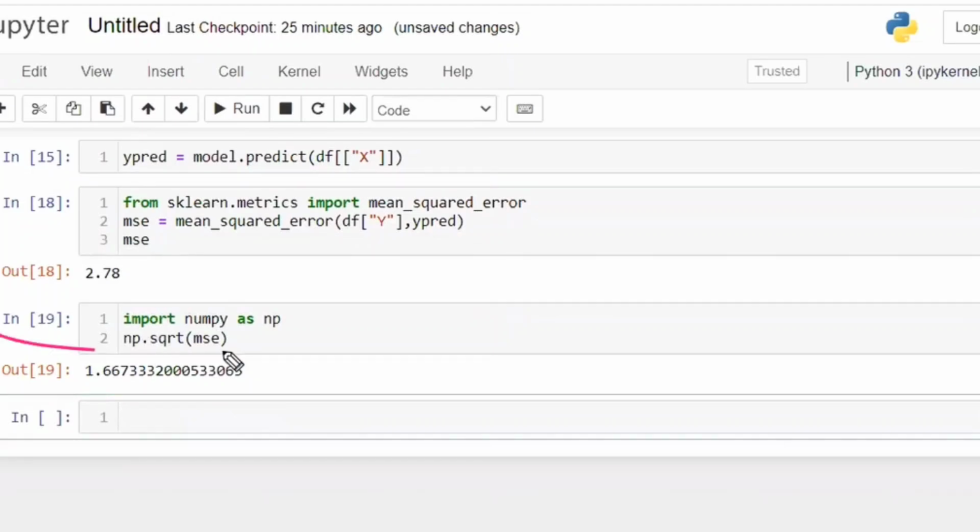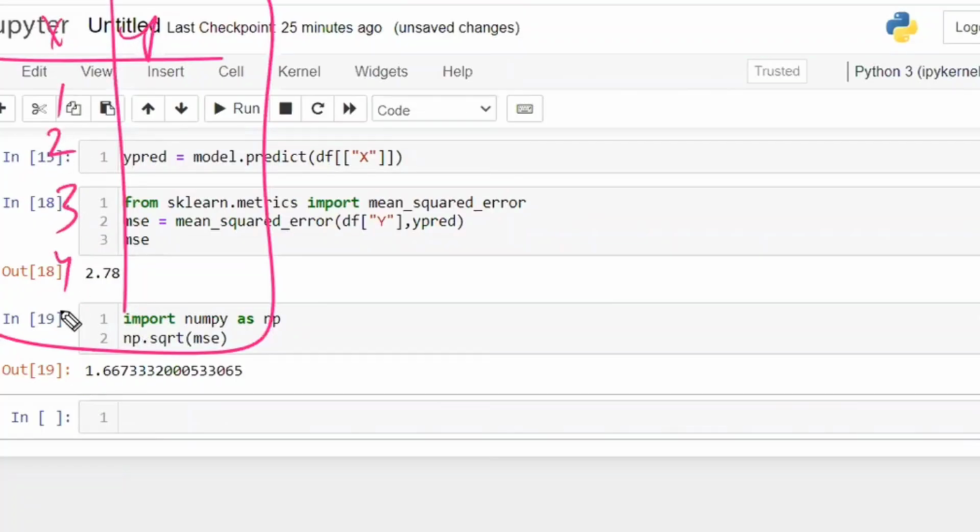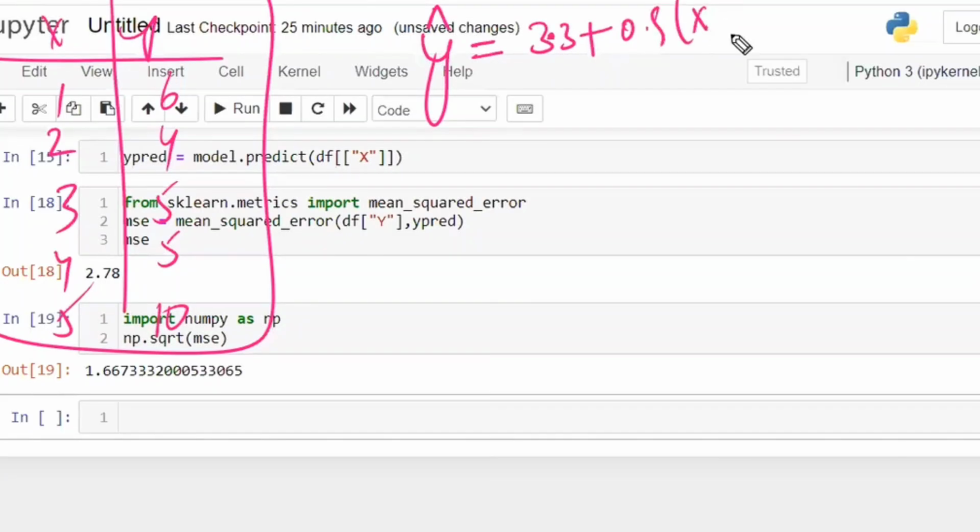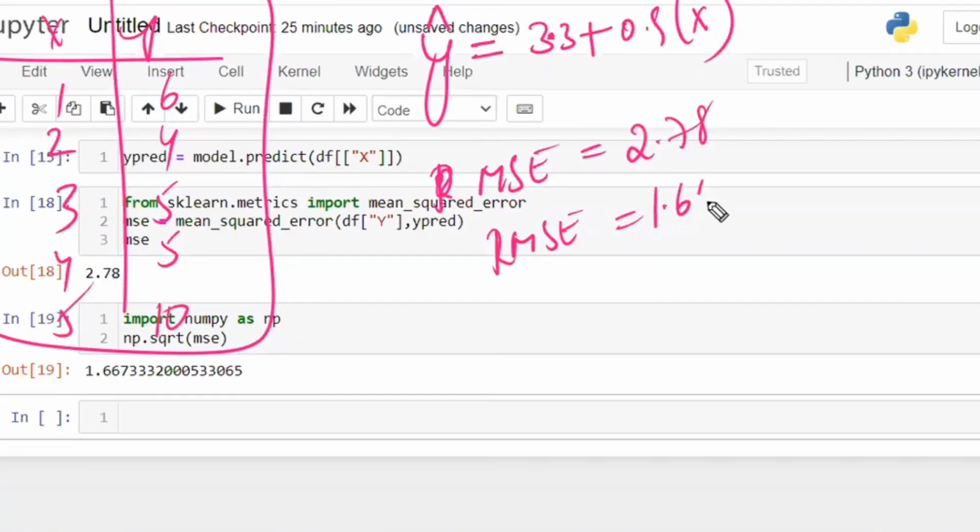So for the given data of X and Y, that is 1, 2, 3, 4, 5, 6, 4, 5, 5, 10, if I apply linear regression, 3.3 plus 0.9x is the best equation. For that best equation, the MSE value is 2.78 and the RMSE value is 1.66.